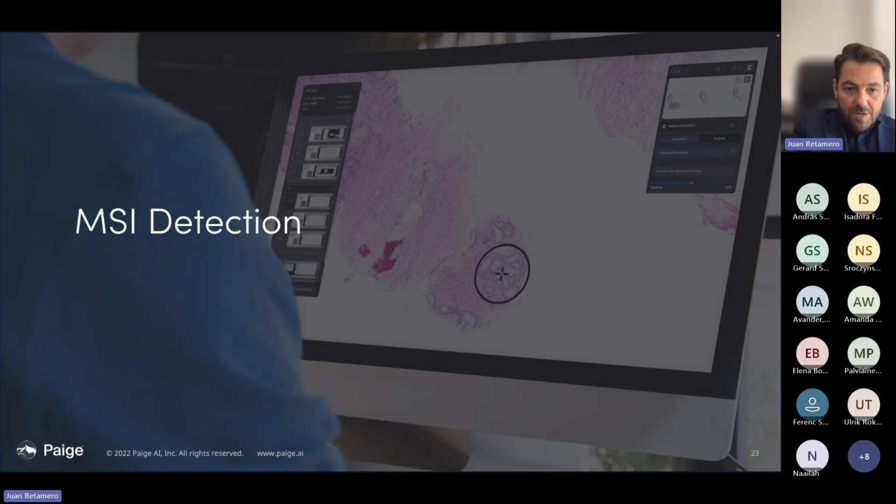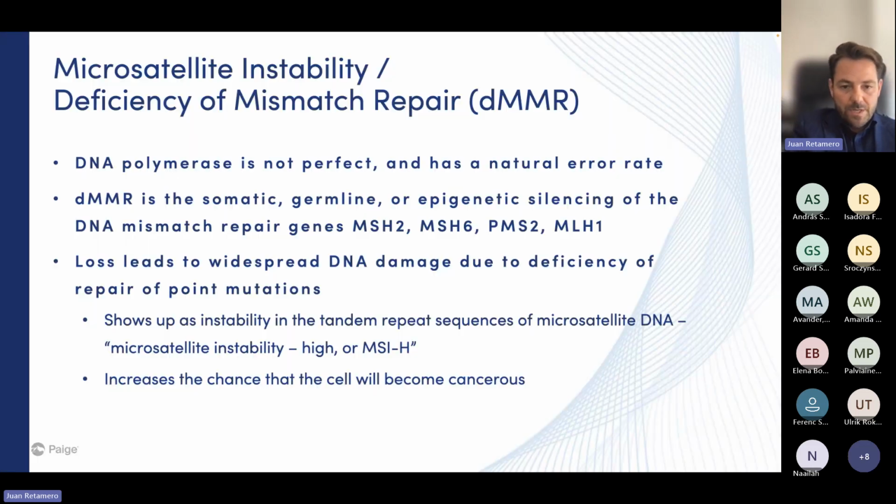Right, so moving on to MSI next. Again, main concepts and main principles around MSI and DMMR. Essentially, the DNA polymerase is the main enzyme in charge of replicating the DNA in humans. But we know that this enzyme is not perfect, and when it does its job, it has a natural error rate.